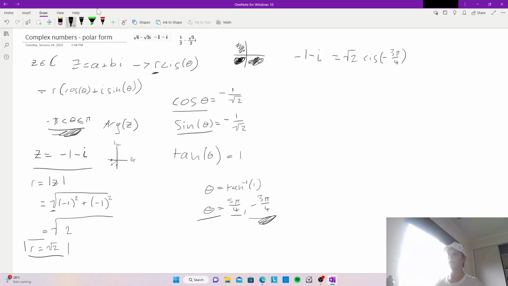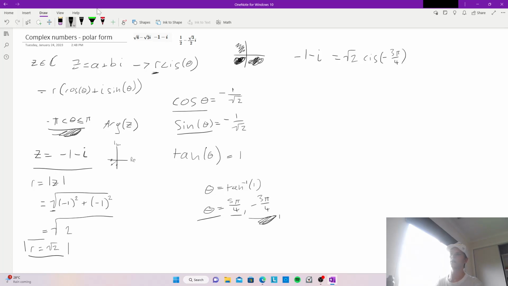Like it could have been pi on 4, it could have been like 5 pi on 4, as I said. It's really interesting. You could have had another value here, 5 pi on 4, because that's technically right, but we know that it's in quadrant 3 from our cos and sine values, so therefore that's how we knew what its actual value was.